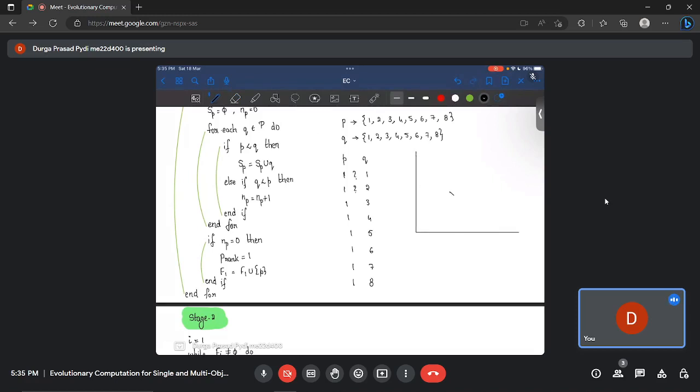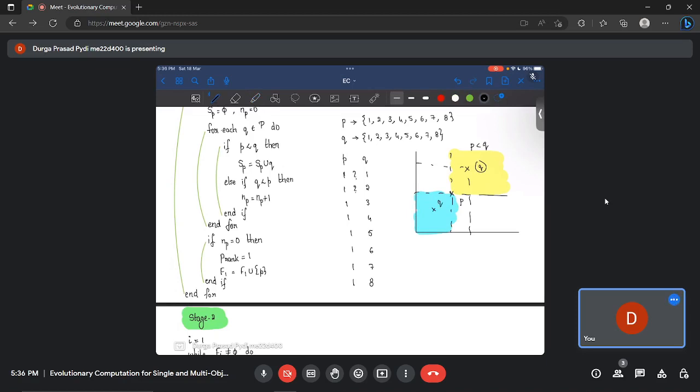You have one solution, say P, and Q. If both are minimization problems, here P is dominating Q. So SP is updated only when P is dominating Q, and what you add to SP is the value of Q. You can think of this in two regions, one is this particular region and the other corresponds to this region. Now Q can be in either of these regions.